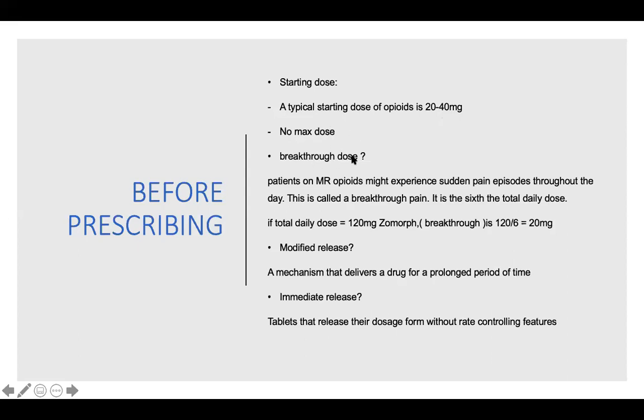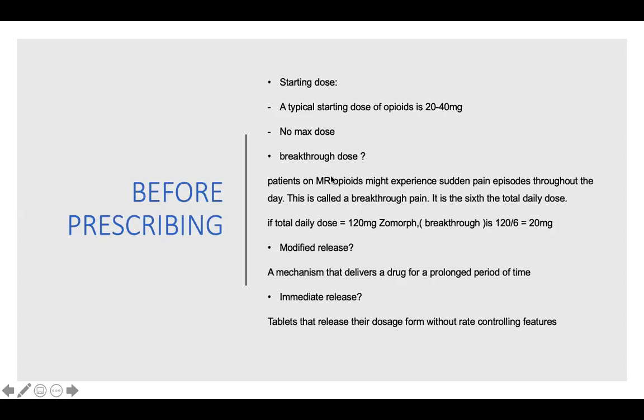The breakthrough dose, this is a very important concept. So for example, if a patient is on, let's say, a modified release morphine sulfate, this means a patient takes morphine that acts over a prolonged period of time.